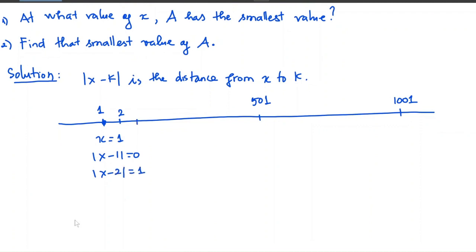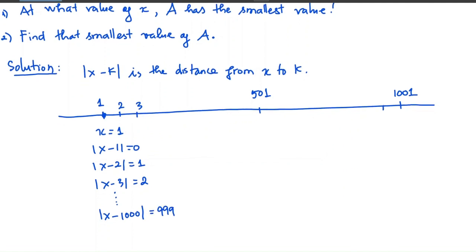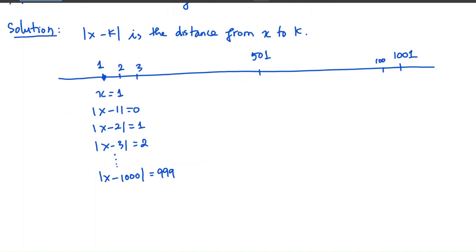The distance from 1 to 3 is 2, and so on, until the distance of x to 1000 is 999, and the distance of x to 1001 is 1000. So the value of A will become the sum of 0 plus 1 plus 2 plus until plus 1000, right?